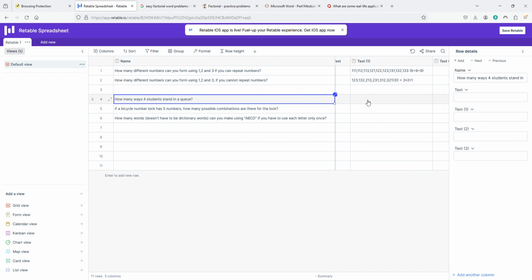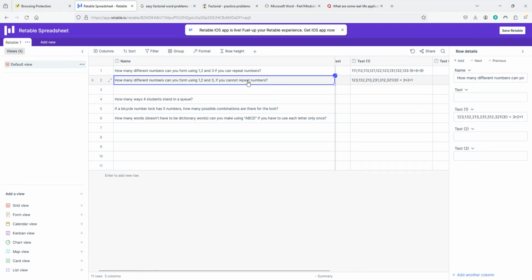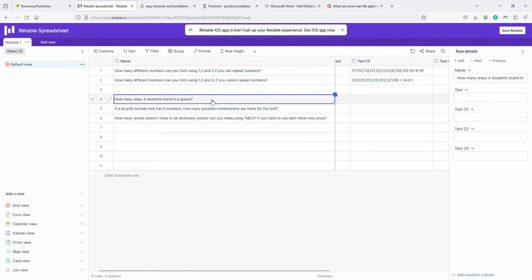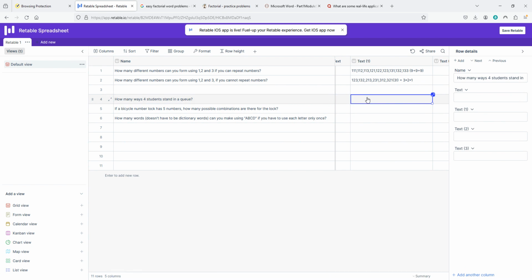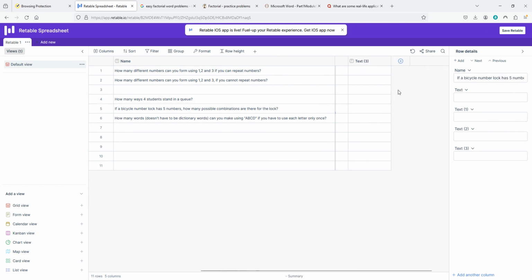So this is a problem very similar to the second one, where you cannot repeat, because you can't just clone the students. You don't have a cloning machine. So the answer is 4 factorial. What is 4 factorial? 4 factorial is equal to 4 into 3 into 2 into 1, which is 24. Right.